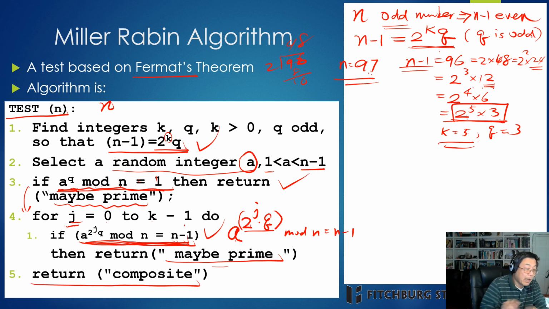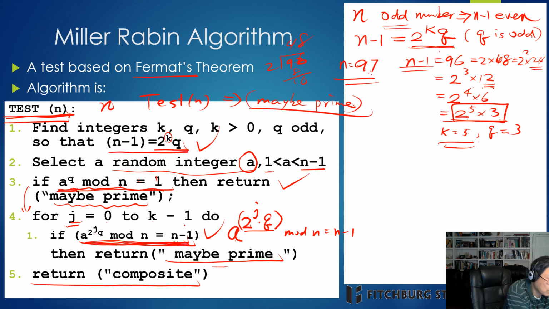Because every time I test n, if the test returns maybe prime, I cannot exclude that this is a prime.